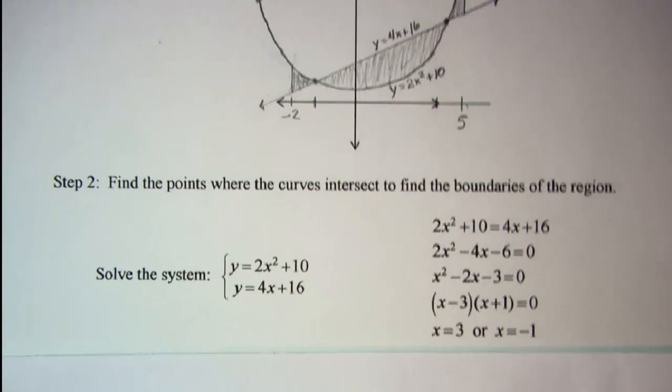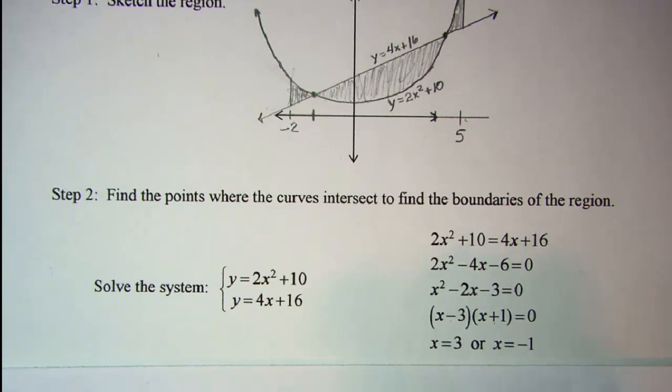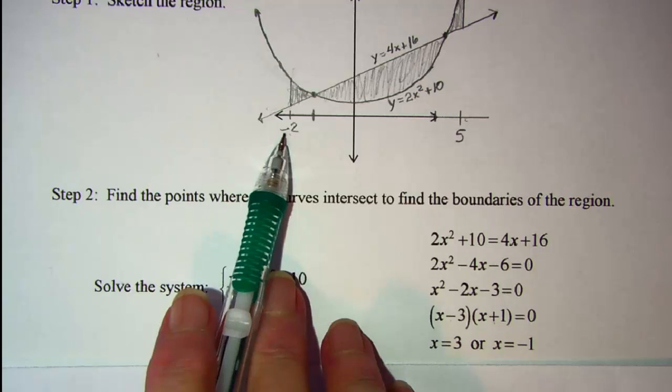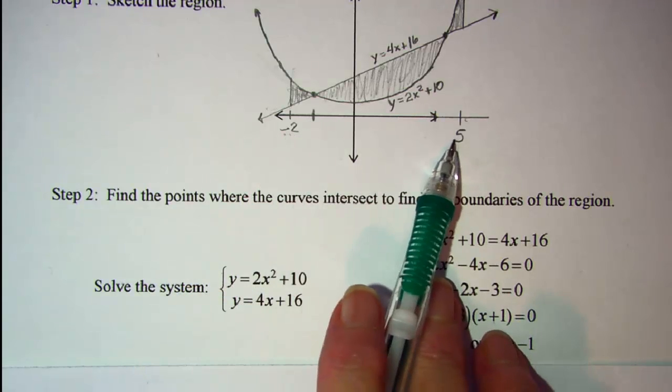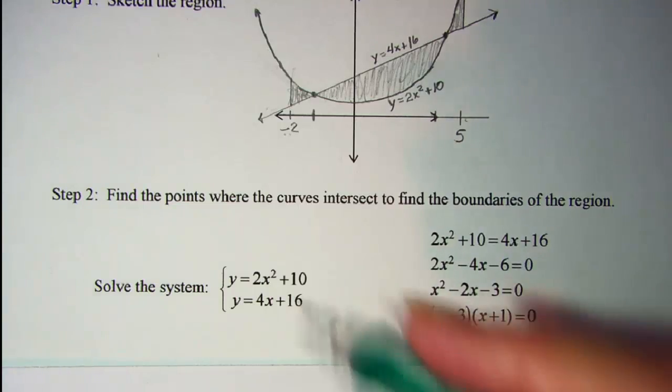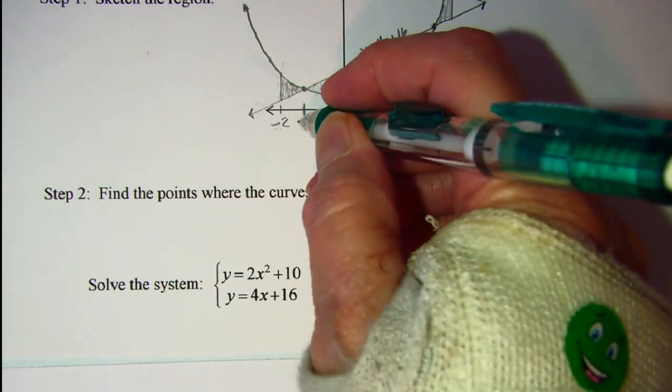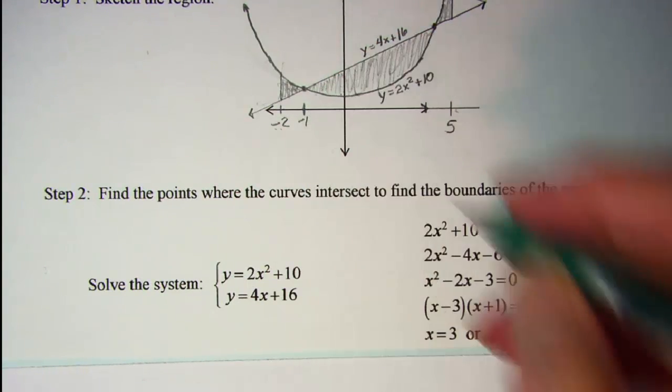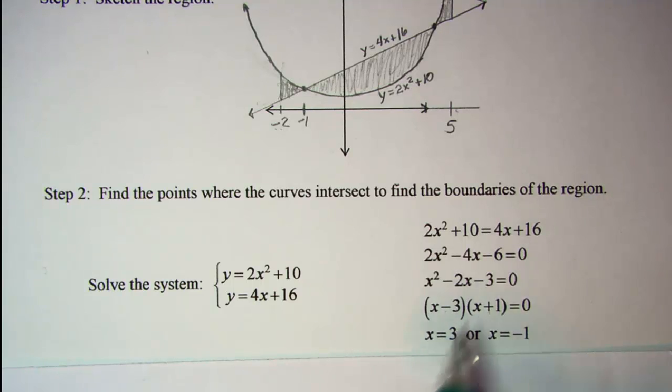So we have not only our negative 2 and our 5 as limits of integration, but we also have x equals negative 1 and x equals 3.